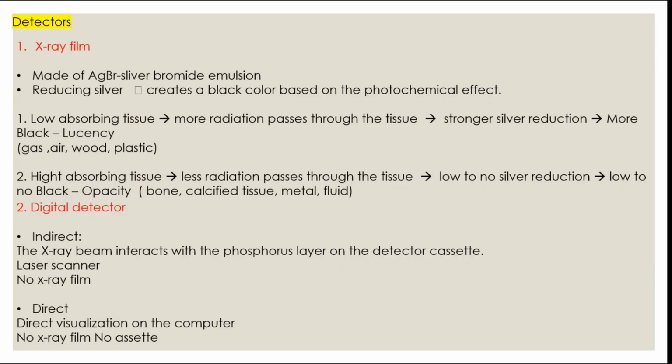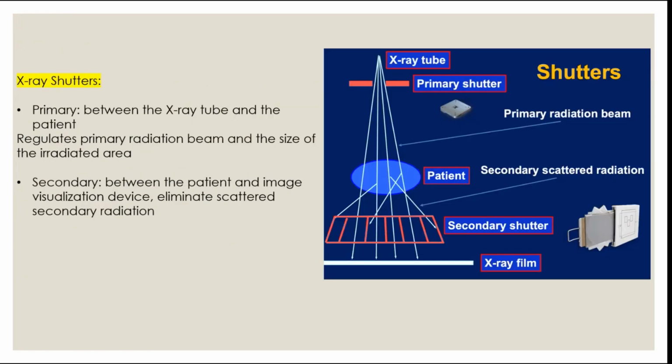If you see here, this is the X-ray tube at the top, and the red one is the primary shutter, which focuses the size of radiation we want on the patient. Like you can change it.